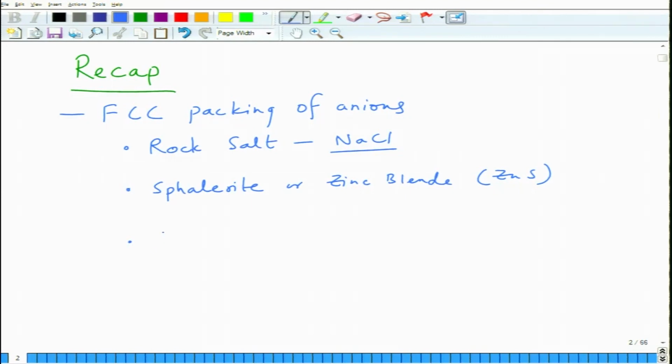And then we started discussing the fluorite structure. This also includes fluorides or antifluorides, which we will discuss while we discuss the fluorite structure. So we started discussing this.